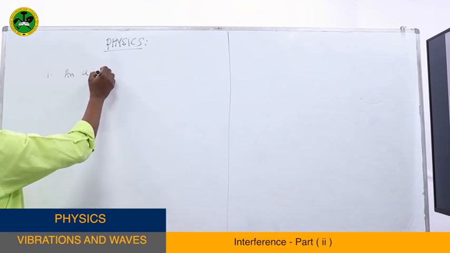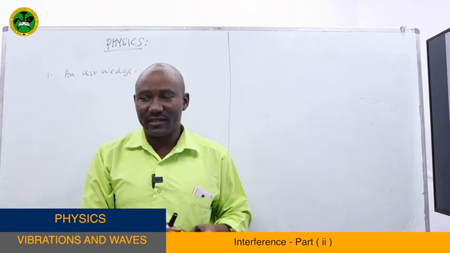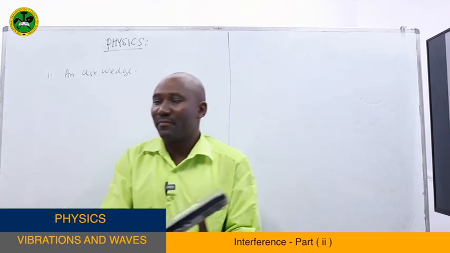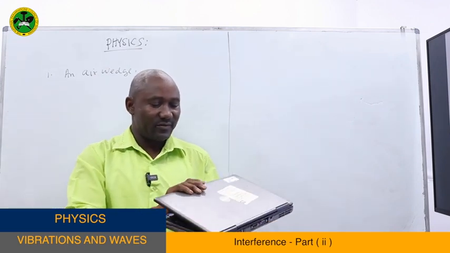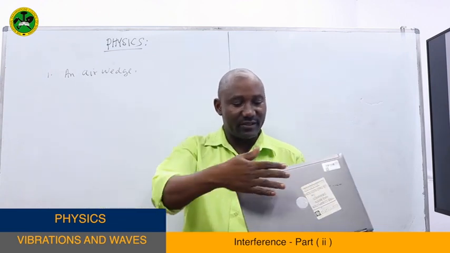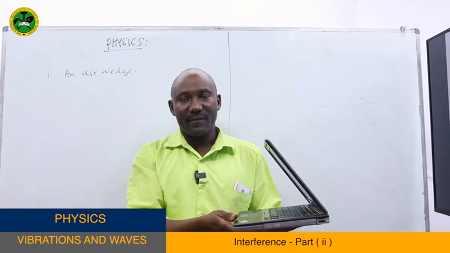An air wedge is an experiment which involves the use of two plates. So I'm using this laptop as two plates. We have the first plate on the top, the other one on the bottom.